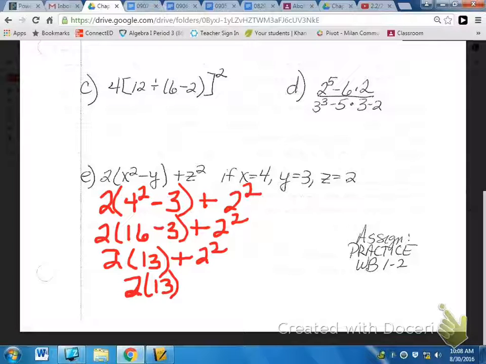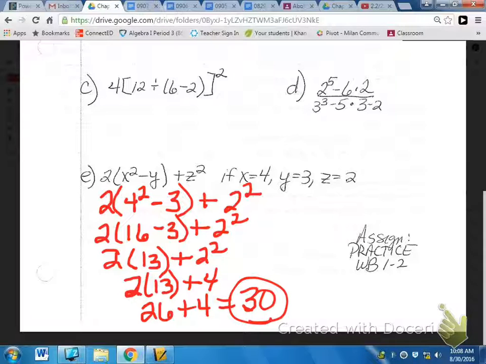Those parentheses now mean multiplication, so now I'll go on to applying exponents, so that's 4. Next, 30. Okay. All right, so following PEMDAS, make sure you just write in each step as you go. Don't leave anything out, and evaluate for your final answer.